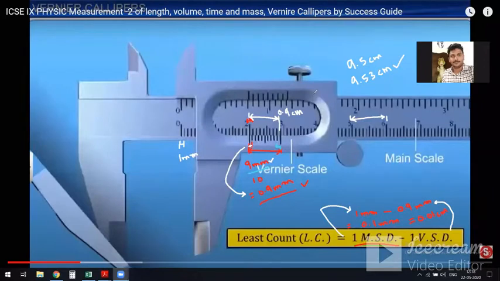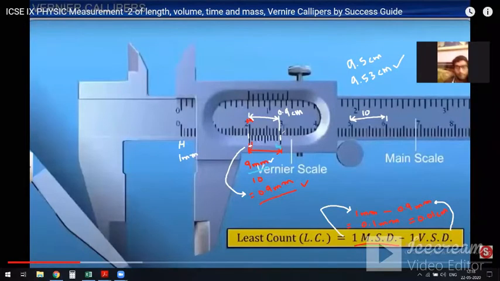One of your friends is saying that the distance between 2 and 3 is 9 divisions or 10 divisions. So listen carefully. If we talk about the main scale, the divisions are 5, 6, 7, 8, these numbers. So here on the main scale, the divisions are 10. But if we talk about the vernier scale, its 10th division is matching with the 9th division of the main scale.